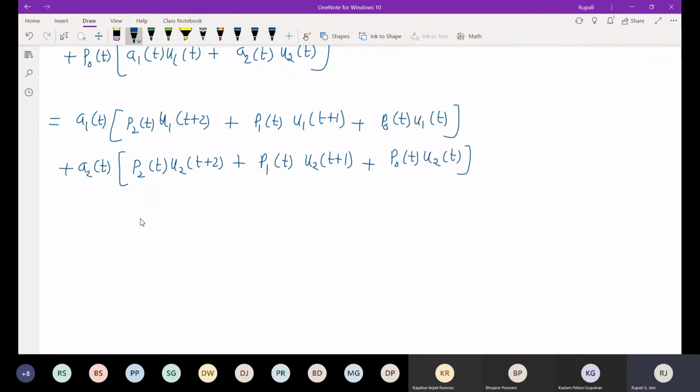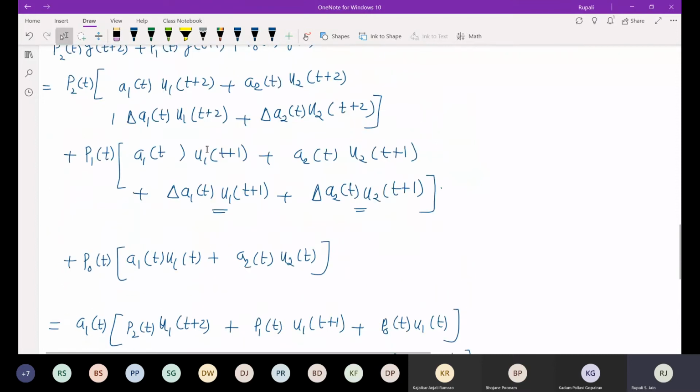And if I take p2t common, u1 t plus 2 delta a1t plus u2 t plus 2 delta a2t.